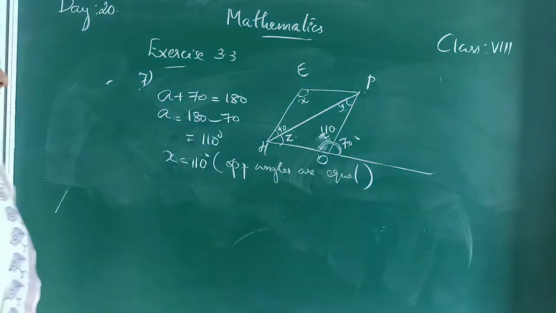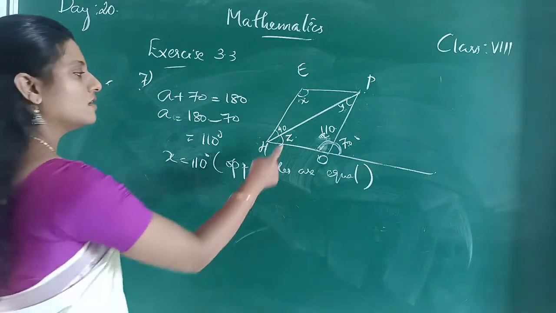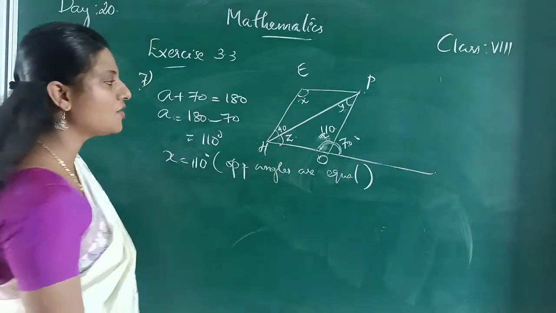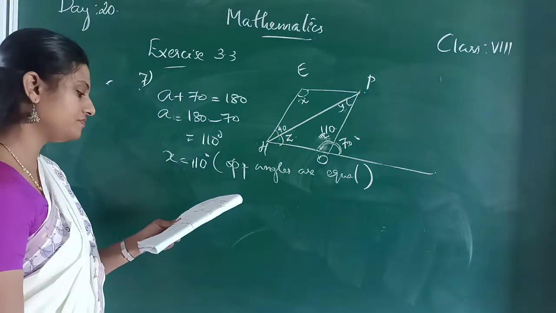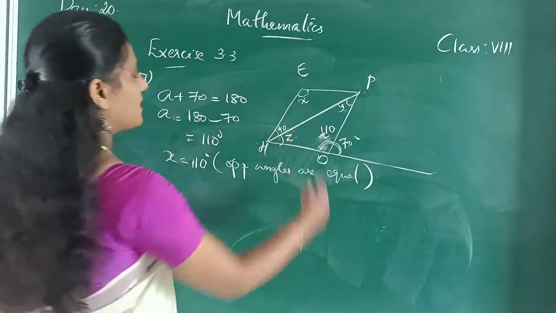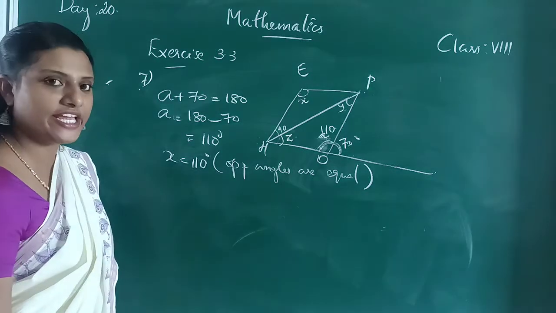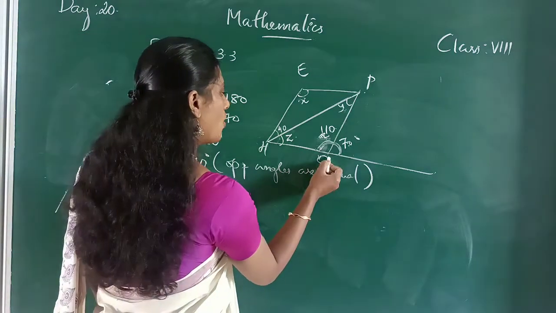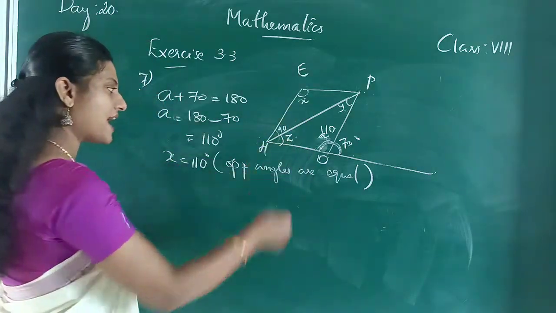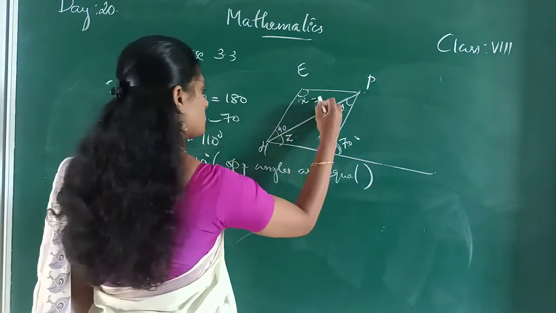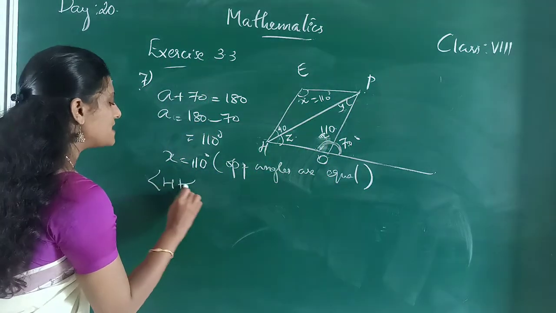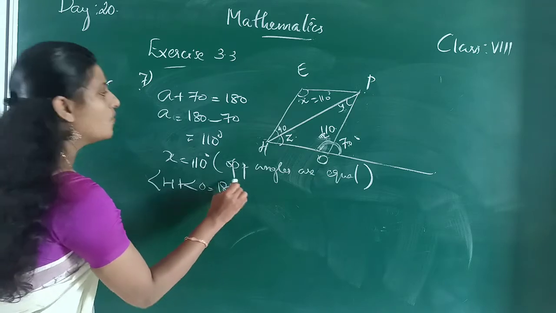So you got X. Next you need Y or Z. So how do you find Z? We know that the sum of adjacent angles is 180 degree. Angle H plus angle O is equal to 180 degree.